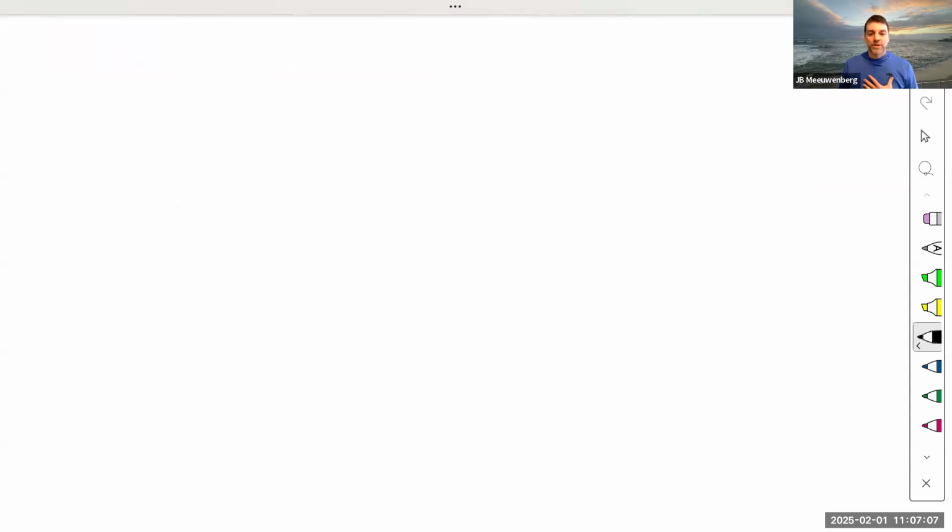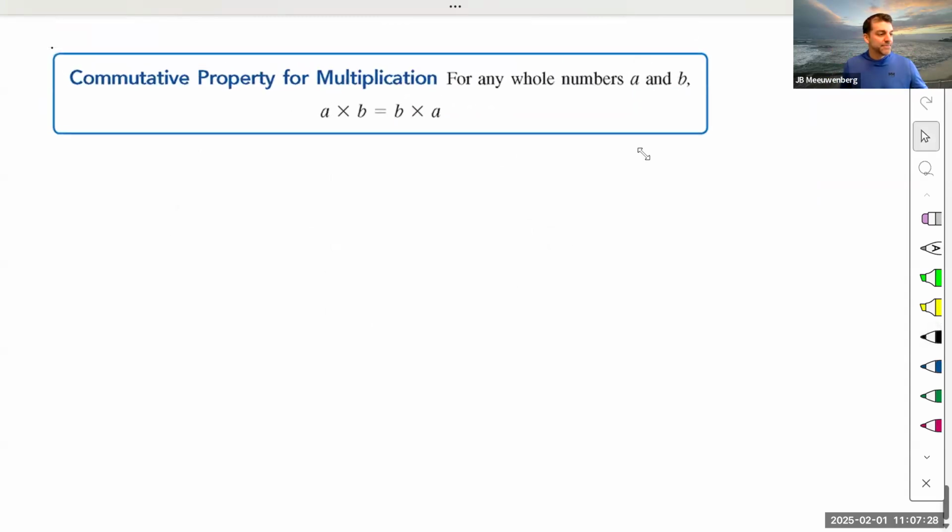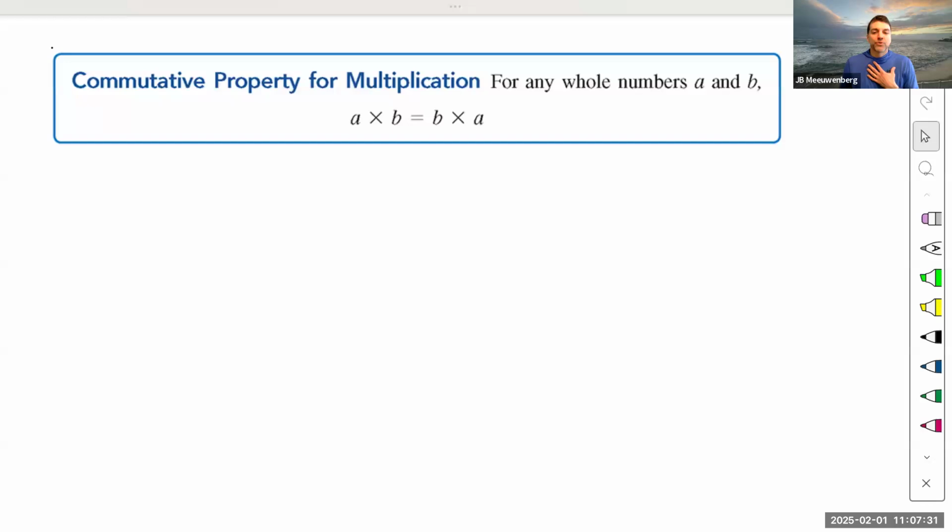The next one we will do is the commutative property for multiplication. Before I even put it up there, maybe pause and see if you can remember what the commutative property was for addition. The commutative property for multiplication is very similar. Remember, I always relate commuting to driving to work and then driving home.